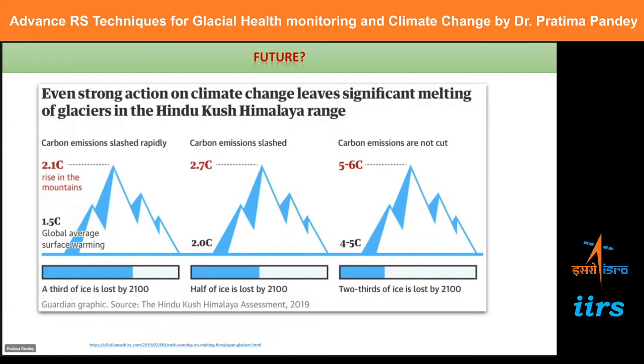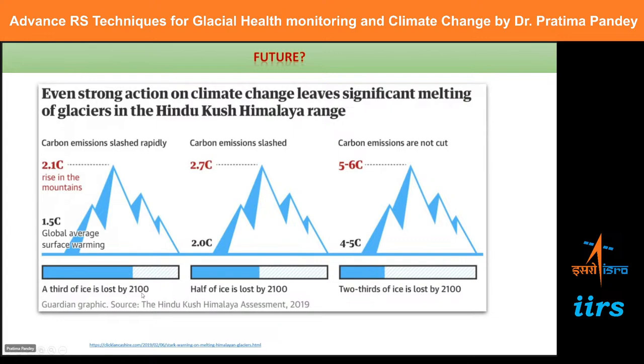The projection says that if we cut down carbon emission very rapidly, there would be a rise of 2.1 degrees centigrade in the Himalayan mountains, which is again more than the global average, and in this scenario we will lose a third of the ice by the year 2100.